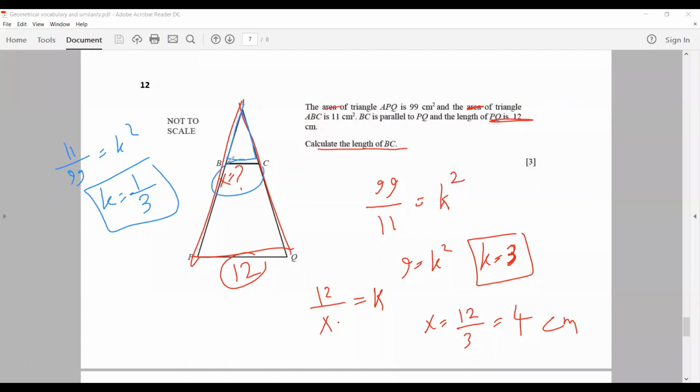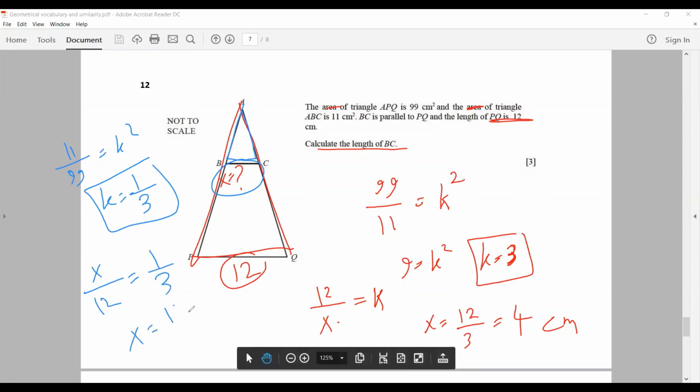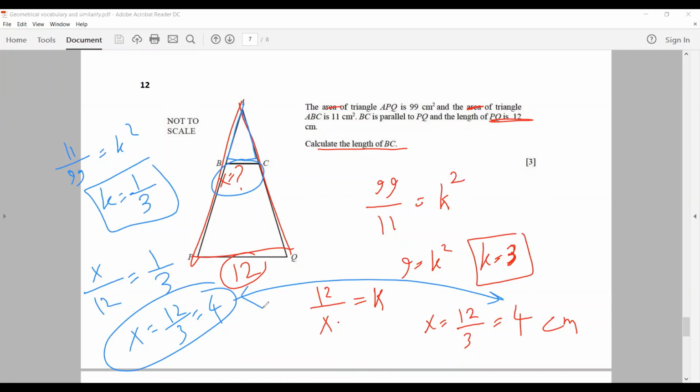He must say the smaller one, which is x, over the bigger one, which is 12. This should be 1 over 3, right? And x is therefore 12 over 3, or 4. As you can see, we get the same answer. It doesn't matter. Whatever you put in the numerator, keep doing that till the end when you want to find the area, volume, or the length.